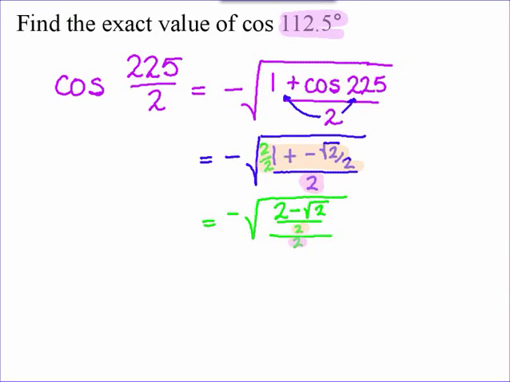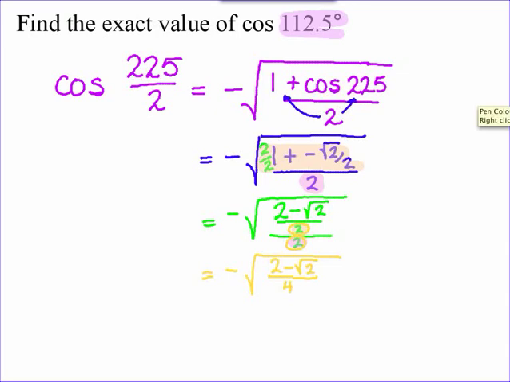Okay? You could only cancel them if it would be like this. You can't cancel them as they are there. And so what you can do here is combine those 2 2's. And so really what it ends up being is the square root of 2 minus root 2 over 4.